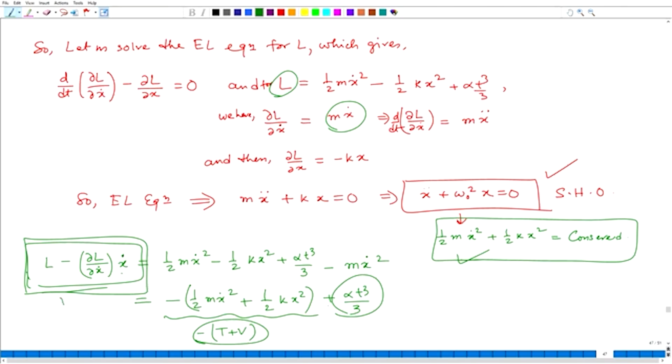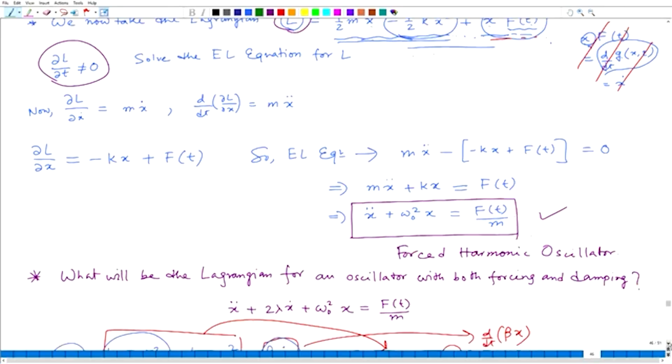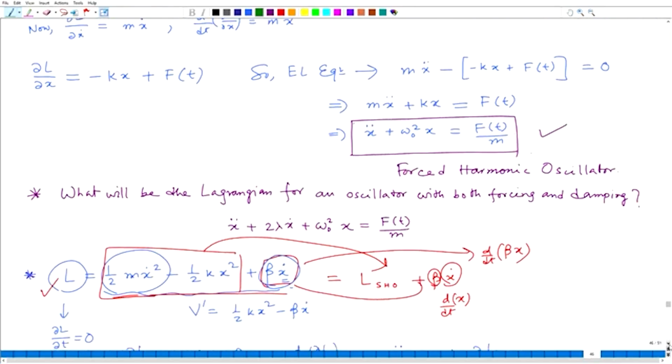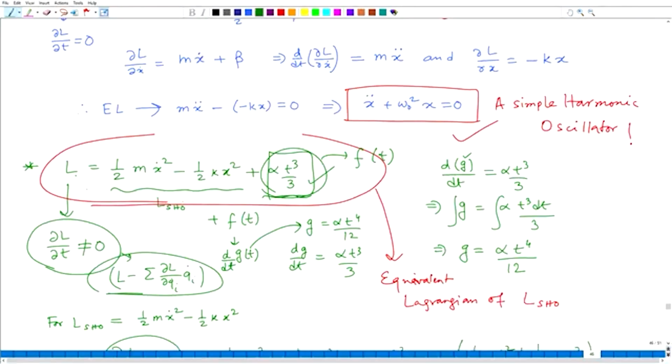So, this quantity is now something which is not conserved because of this term, and that is why we are also reconciling the fact that if we have a Lagrangian for which ∂L/∂t is not equal to 0, this is not conserved.